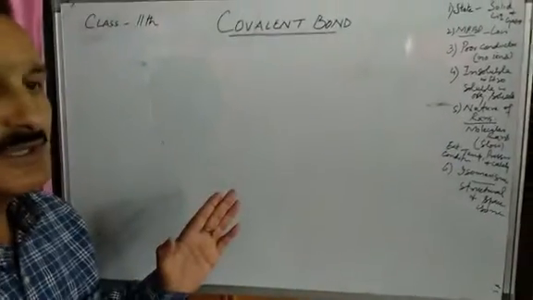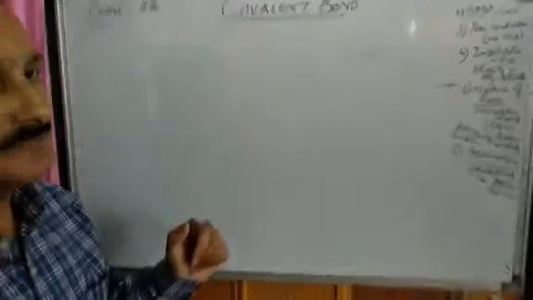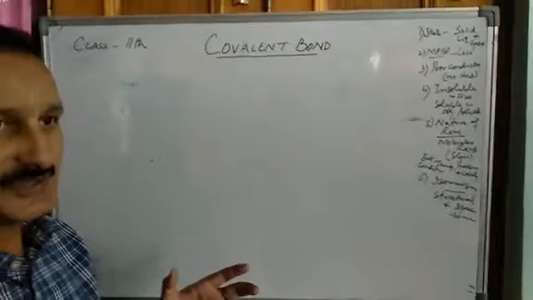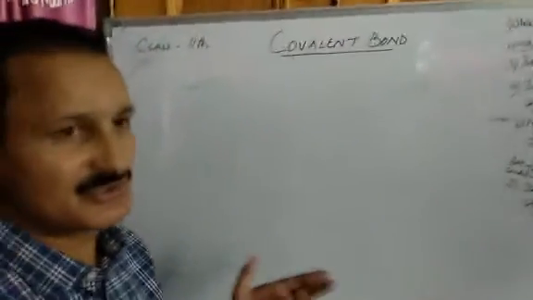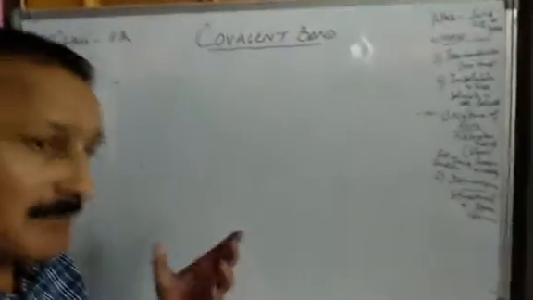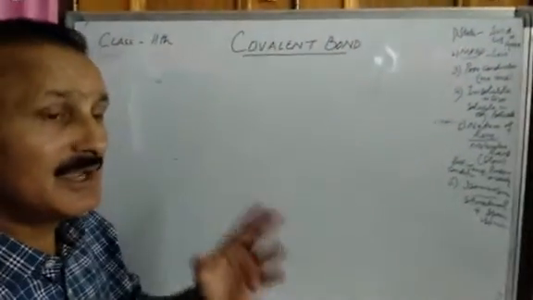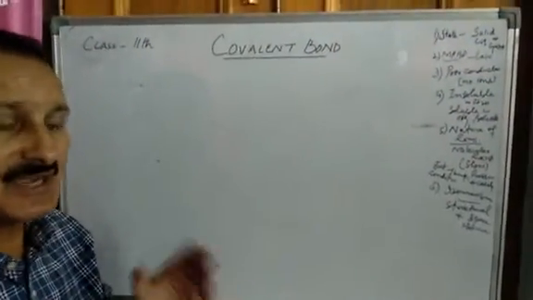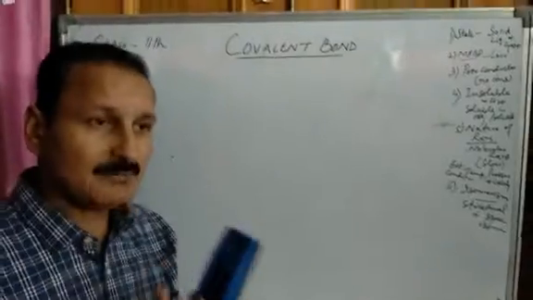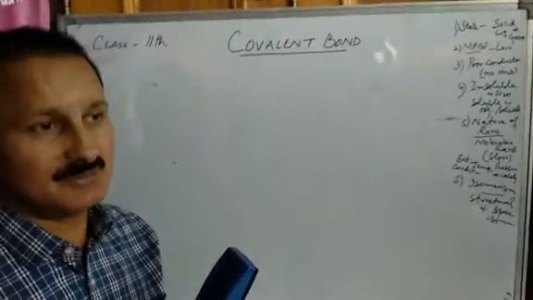Here mostly such elements are taken which are deficient in electrons. The combining atoms, the atoms which combine by means of this bond, are electron deficient. That is, they require more electrons to become stable.